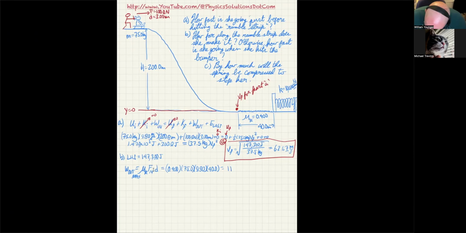11,760 joules. And you can see that that is way less than 147,300 joules. So clearly we can tell that it will make it across the whole rumble strip.